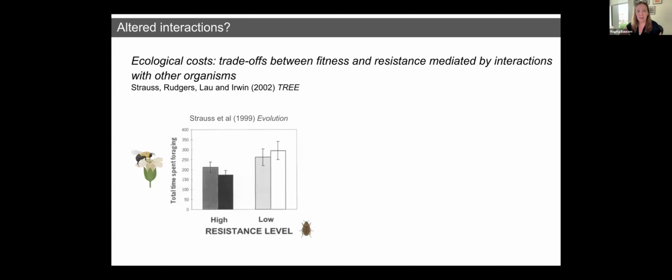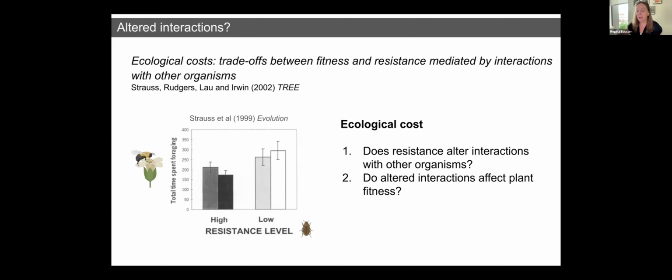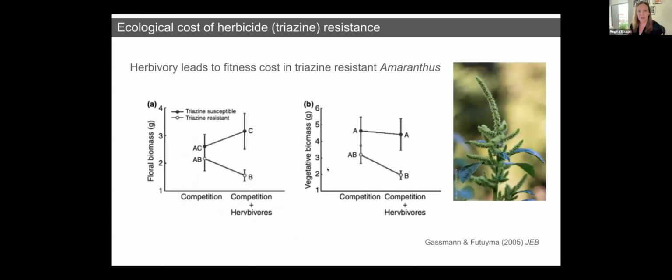Ecological cost is defined as a trade-off between fitness and resistance mediated through interactions with other organisms. Sharon Strauss and colleagues detailed what it means to show an ecological cost. Basically you ask, one, does resistance alter interactions with other organisms? And two, do these altered interactions lead to changes in fitness? Okay, so that's how we would define an ecological cost.